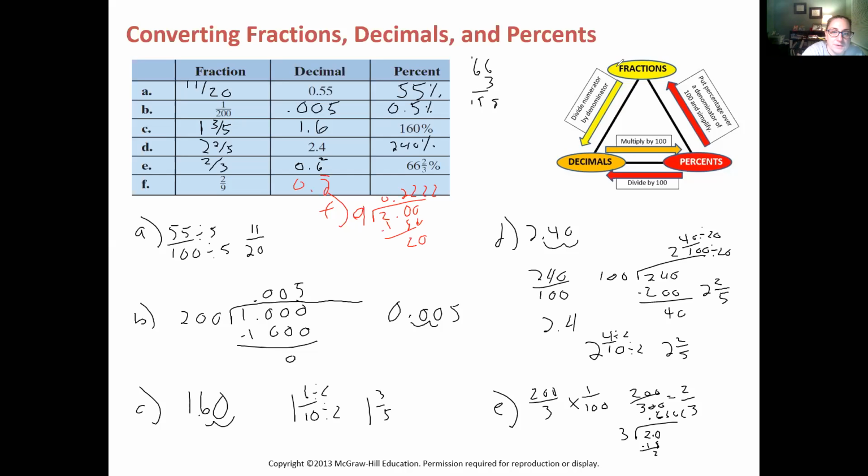And the percent is going to be 22.2 repeating percent. And I think I said a few chapters back, you always know something's repeating if it's over 9. So this would be 2 repeating.